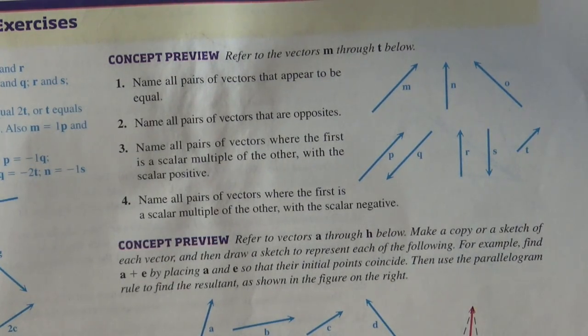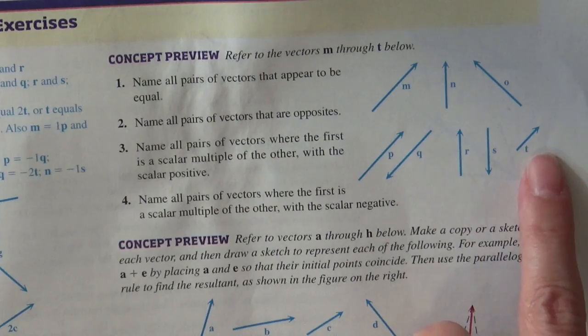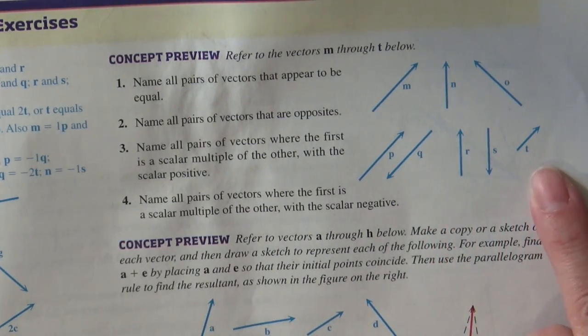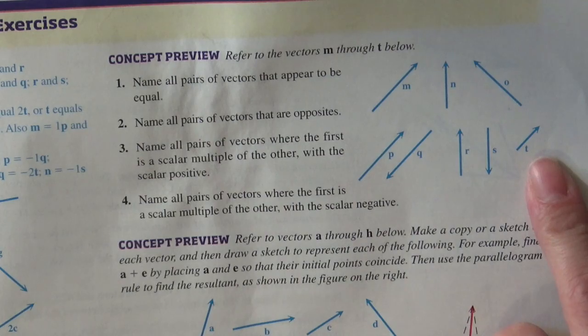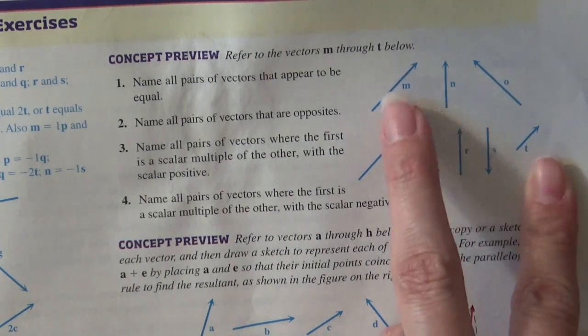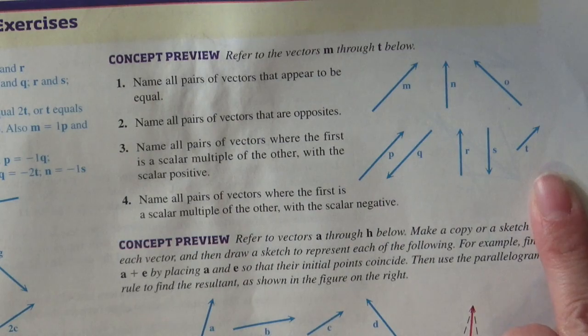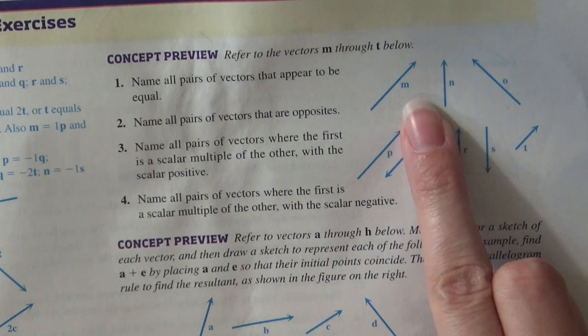So for example, if we look at vector M and then vector T, they are parallel, they point in the same direction, but it looks like vector T is about half as long as vector M. So it appears that vector T is a scalar multiple of vector M. For example, vector M is equal to 1/2 times vector T, or perhaps vector T is equal to 2 times vector M. You could also include the ones that we said were equal, because you could just say that the scalar is 1.